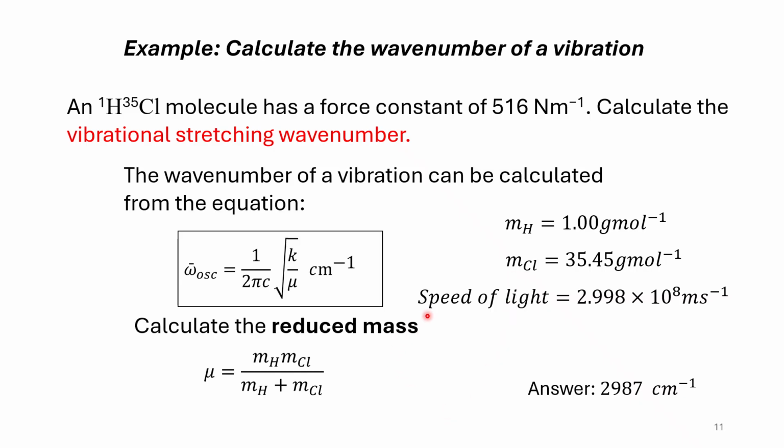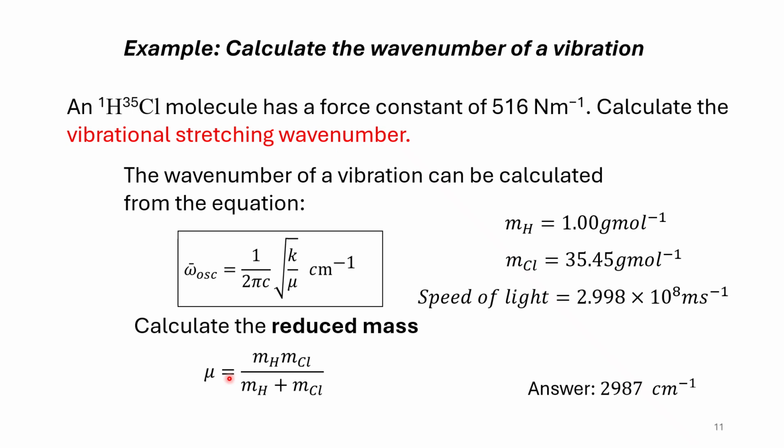So in order to solve the questions, we need to apply these equations to find out the vibrational stretching wave number, equals to 1 over 2 pi c square root k over mu. You are given the value of the force constant, okay? So your task is to find out the reduced mass.